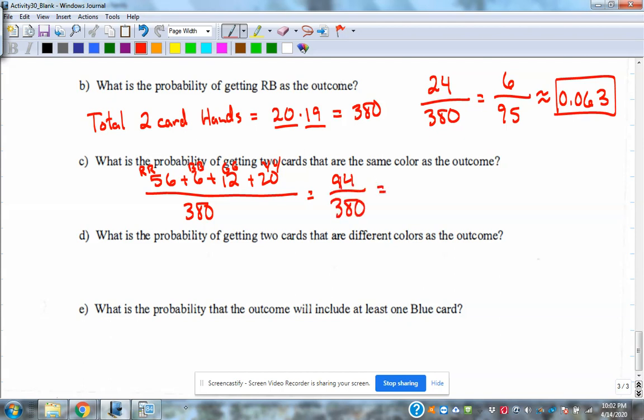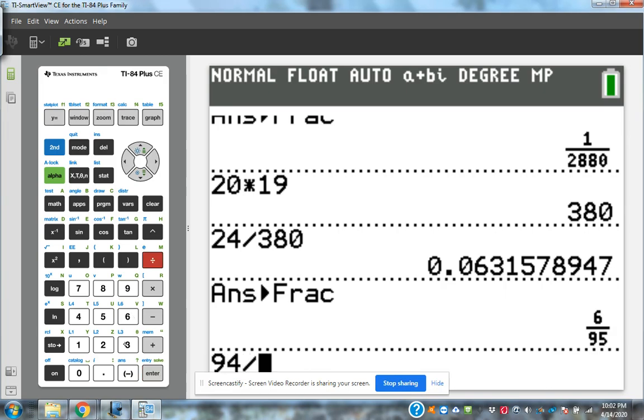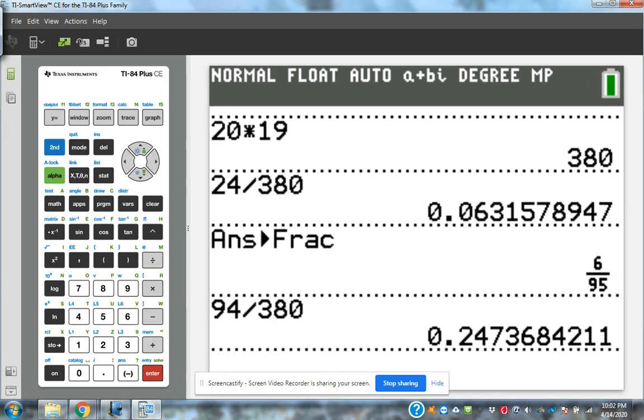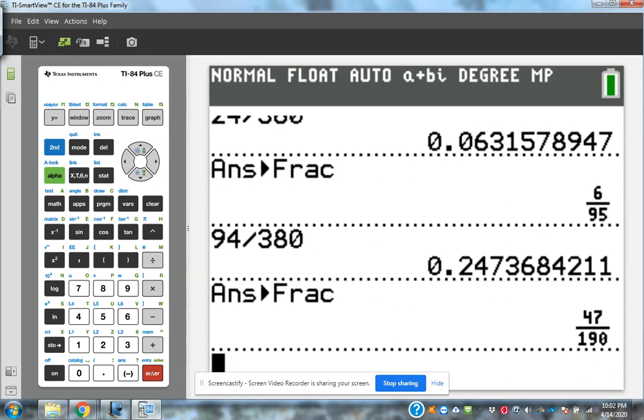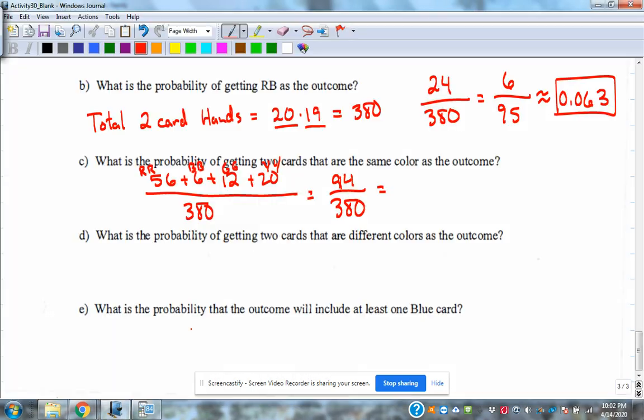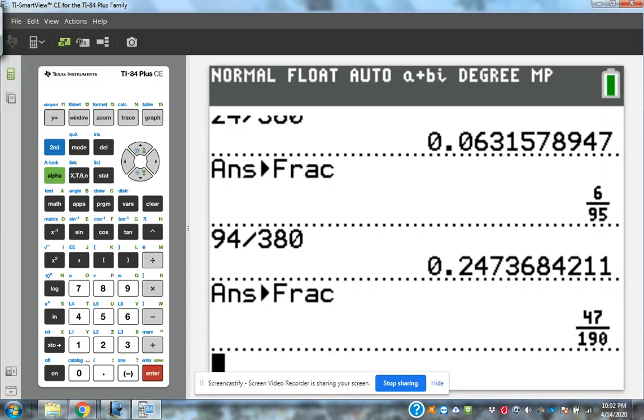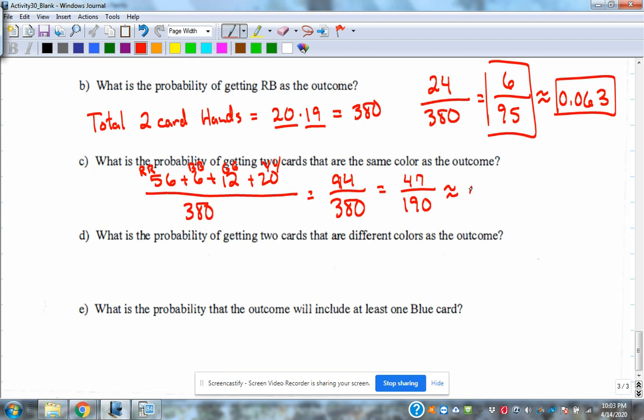And we're going to reduce that with a little help. Math, enter. 47 out of 190. Decimal approximation for that is going to be 0.247, or 3 decimal places again. And there we have the reduced fraction and the decimal approximation for that.